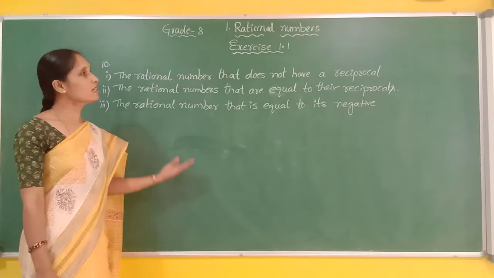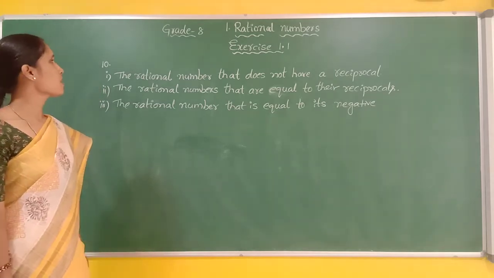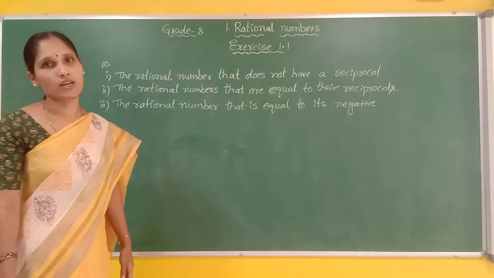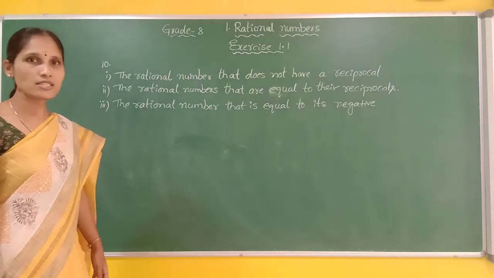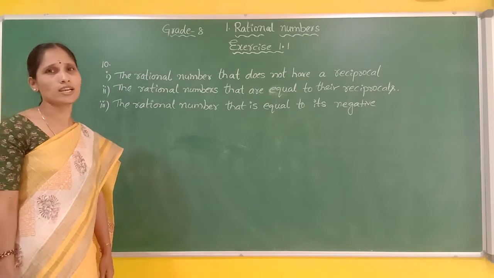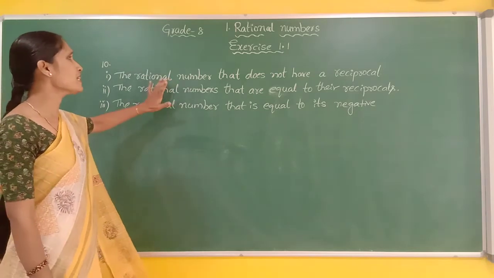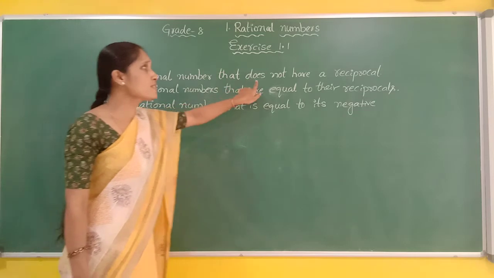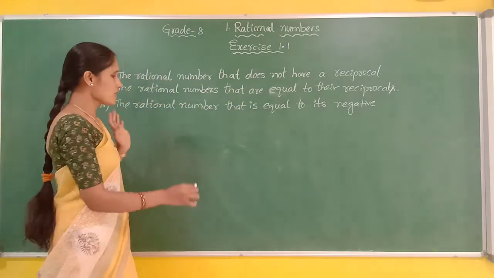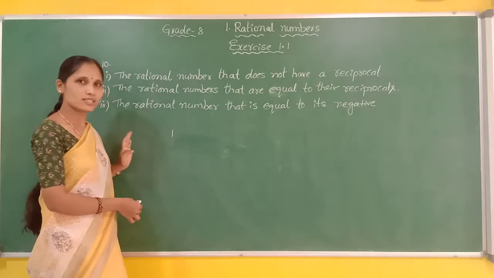Let's begin the next problem. The question is: the rational number that does not have a reciprocal. Tell me children, what is the rational number that does not have a reciprocal? Now tell me, what is the reciprocal of 1?